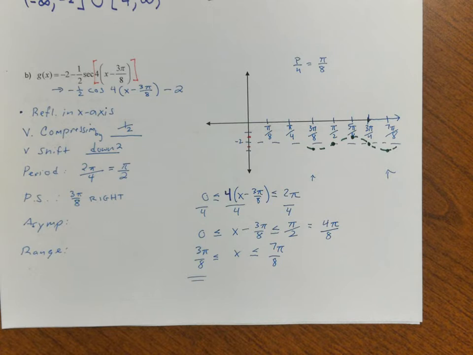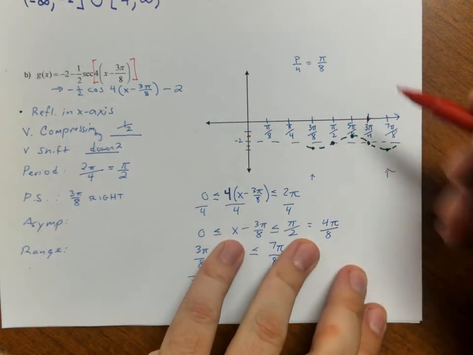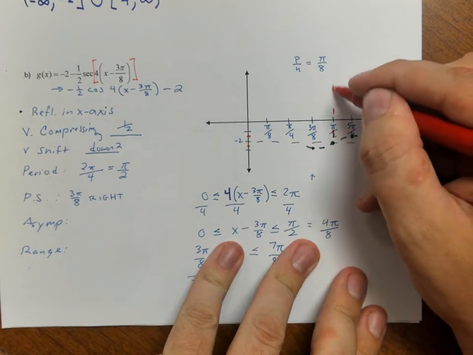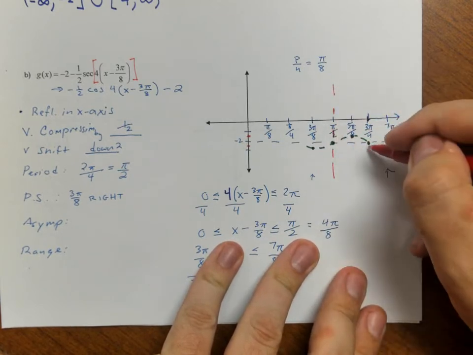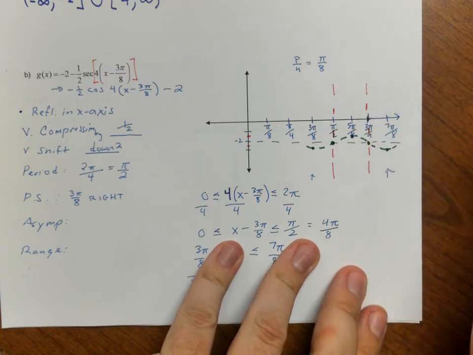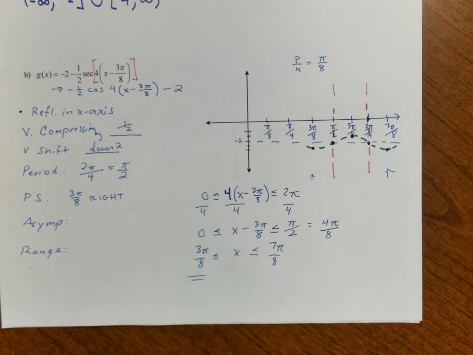What I actually wish to graph is the secant. To turn this into a secant, just as I did in the previous example, anywhere that I hit this baseline, I need an asymptote. So I can see I have an asymptote at x equals pi over 2 and at x equals 3 pi over 4.